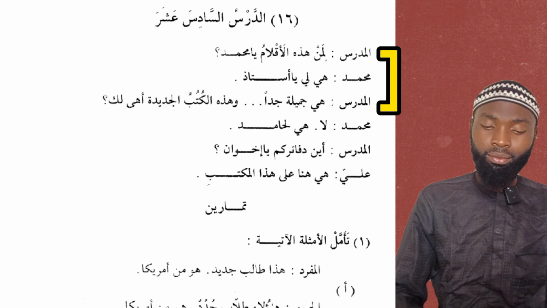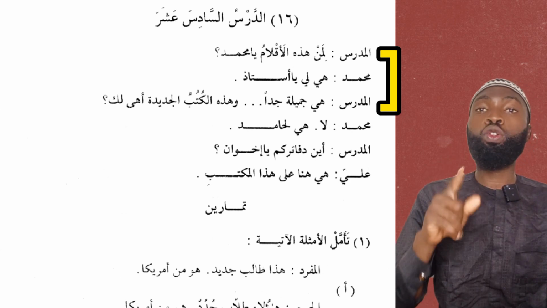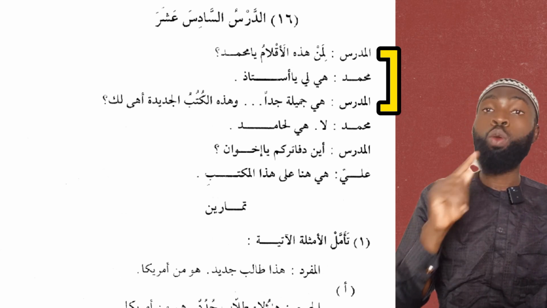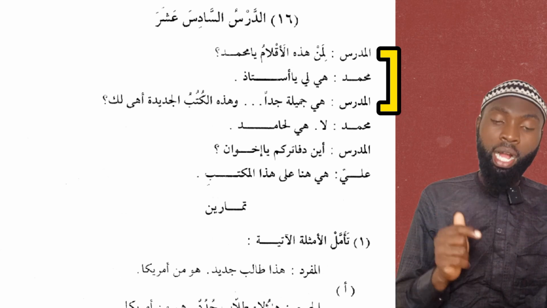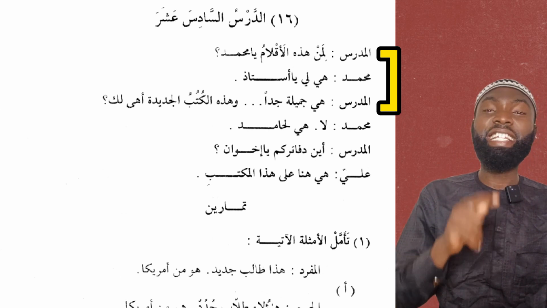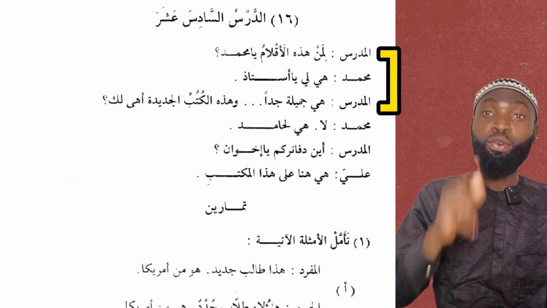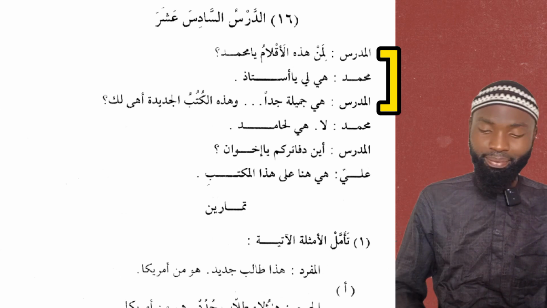They are very beautiful. وَهَذِهِ الْكُتُبُ, and these books. So you will not say وَهَؤُلَاءِ الْكُتُبُ, because هَؤُلَاء is used for the rational. So وَهَذِهِ الْكُتُبُ, and these books, الْجَدِيدَةُ, and these new books. أَهِيَ لَكَ, are they for you here? أَهِيَ لَكَ, note this.